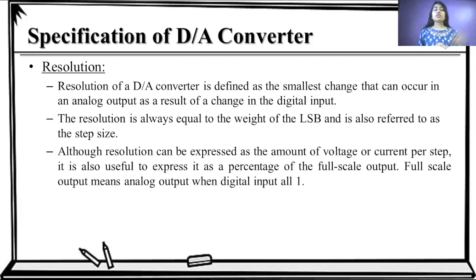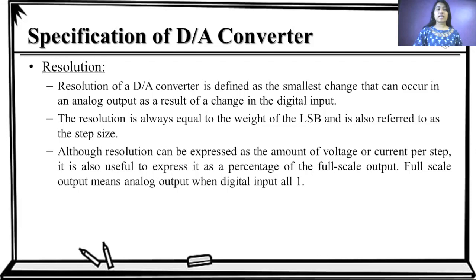So for 4 bits, if we have 4 times 1 and we have a corresponding output like 15 volt, then this is known as the full scale output. That means analog output when digital inputs are all 1. So we can express this resolution as a percentage of full scale output.